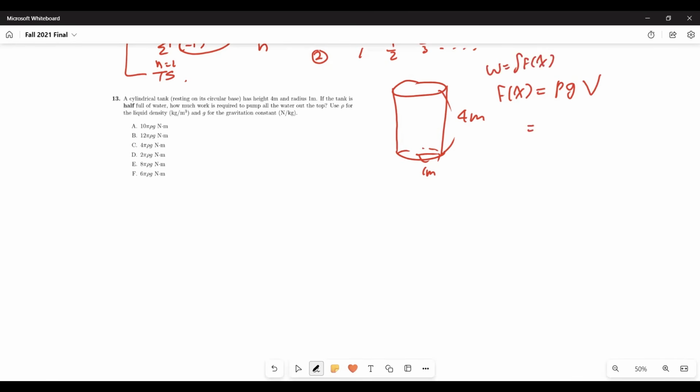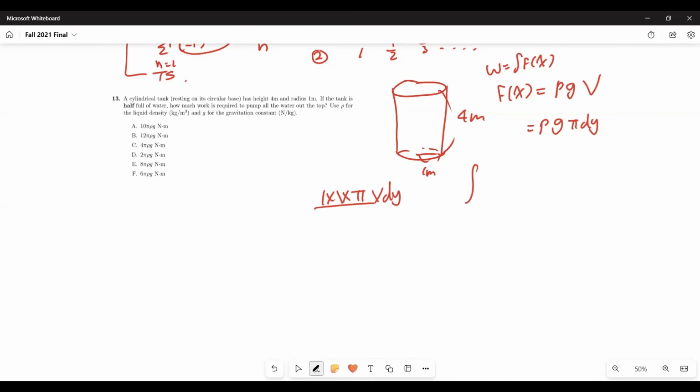So pg, you just have to keep it like that, and V is 1 times 1 times pi because of the base, and then you have to multiply by the height, which is changing, so it's going to be dy. So pg pi dy.